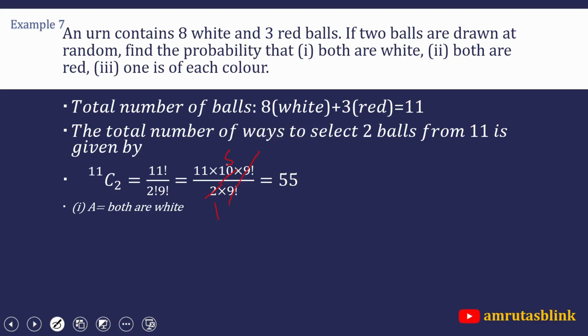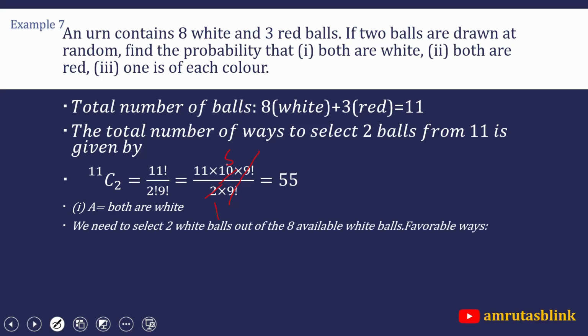Now let's move to first case, that is both the balls are white. So we will define how many outcomes are there in this event A. We need to select 2 white balls. How many total white balls are there? 8 white balls. That means we need to select 2 white balls from 8 available white balls.